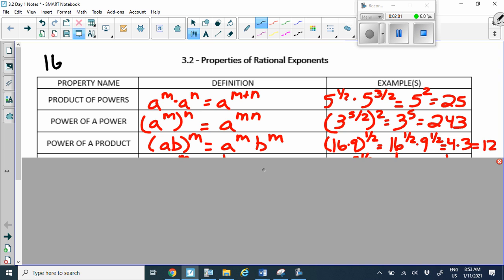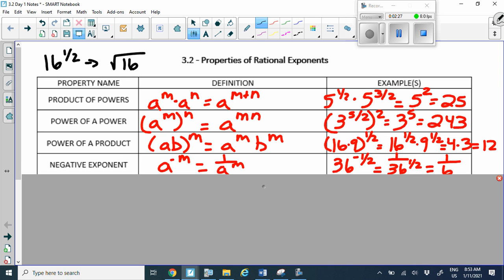So if I have 16 to the 1/2, that can be rewritten as the square root of 16, because 16 is our base, 1 is the exponent or the power, and 2 is our root. So we have the square root. So here, if we have 16 to the 1/2, that's really doing the square root of 16, which gives us 4. And 9 to the 1/2, okay, that means the square root of 9, which gives us 3. So we have 4 times 3, which gives us 12.